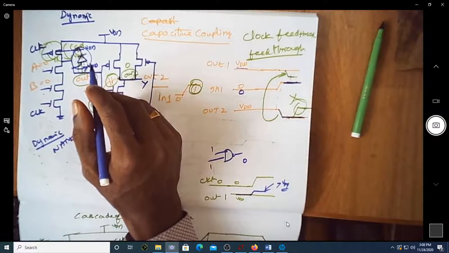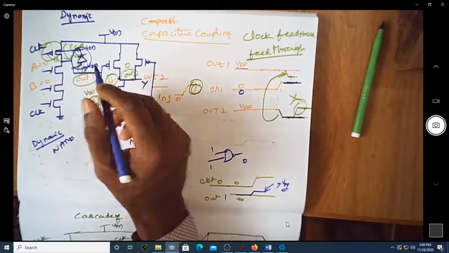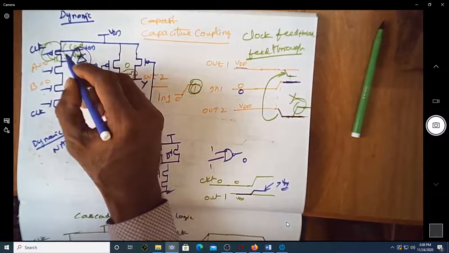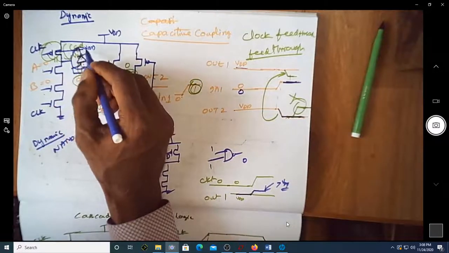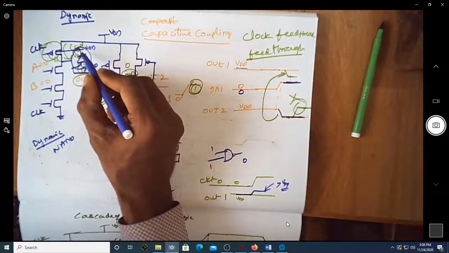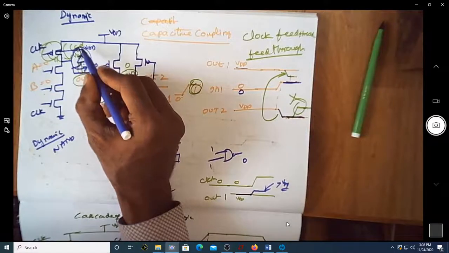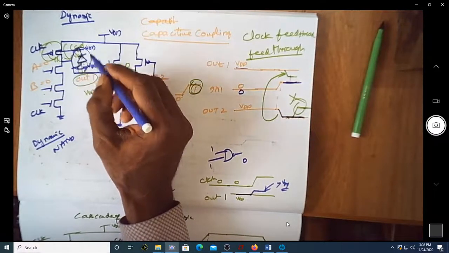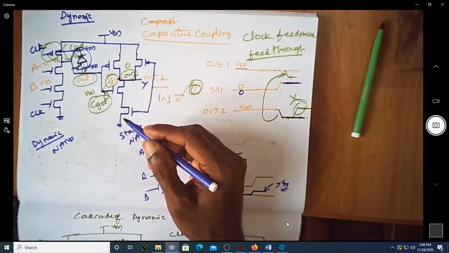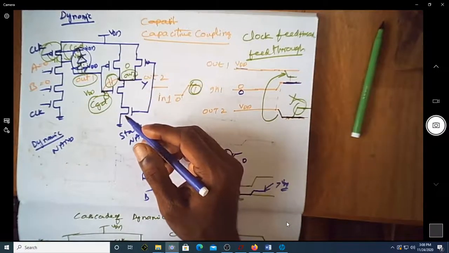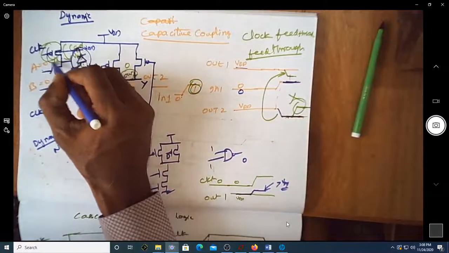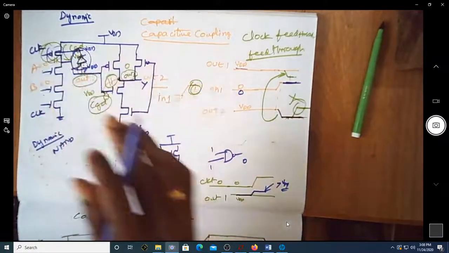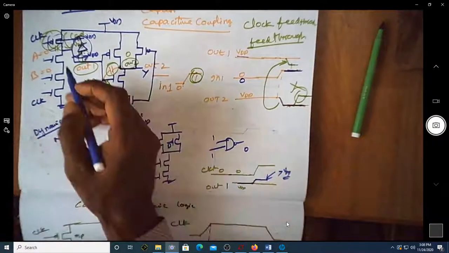This forward biasing will make the transistor get damaged, because you are having a heavy flow of current from VDD to the bulk. Whenever there is a heavy current flow from VDD to bulk, you're going to have an issue in the transistor. The transistor will get spoiled. So we have to avoid this.